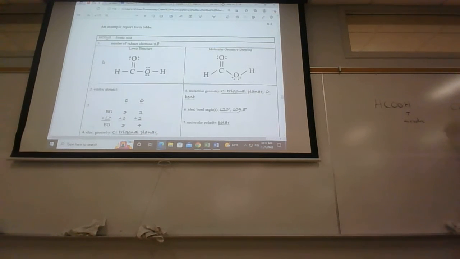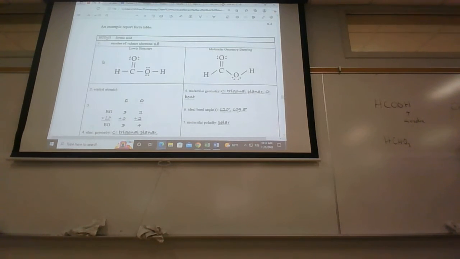Now, these 2 are called condensed structural formulas. These are condensed from the Lewis structure. But we also have other formulas like this, HCH2O. That would be another way of writing formic acid.